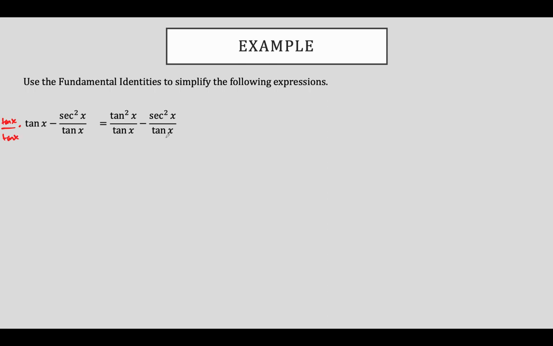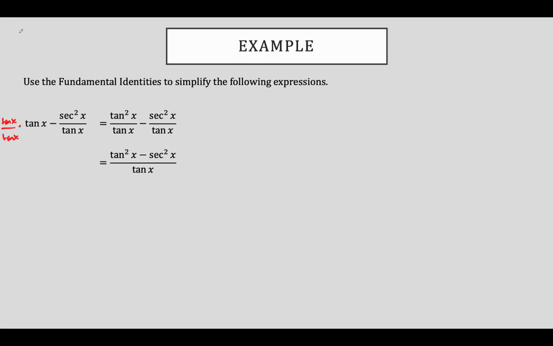Now that I have a common denominator, I can combine these two fractions into a single fraction by combining the numerators, and my denominator stays the same. Tangent squared x minus secant squared x divided by the tangent of x. Well, we've got a pairing of a tangent squared and a secant squared.